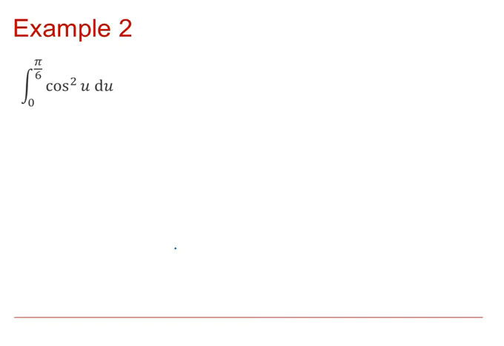So now we've got to the integral of cos squared u du from 0 to pi by 6. There's a neat way of dealing with cos squared u, and what we do is we think about double angle identity. So we've got cos 2u is 2 cos squared u minus 1. Therefore, cos squared u is a half of cos 2u plus 1.